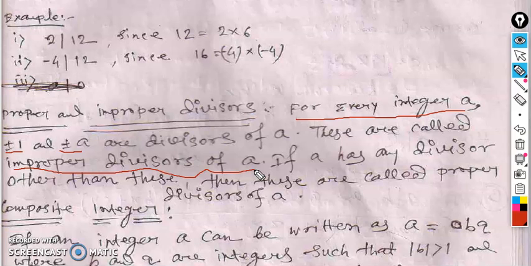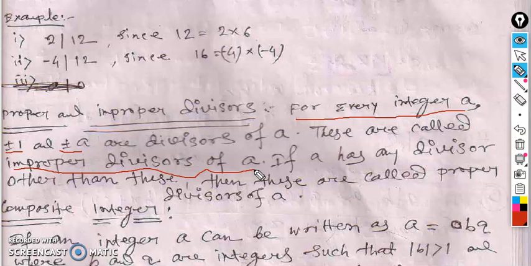When you divide a number by the same number with plus or minus sign, and by plus 1 or minus 1, these four are known as improper divisors.